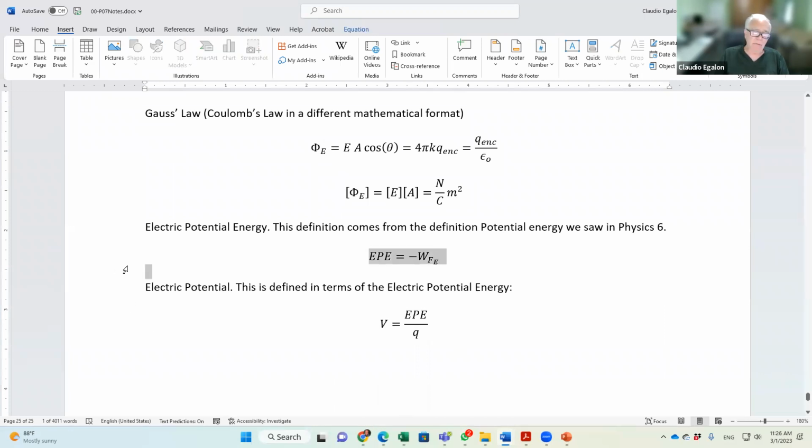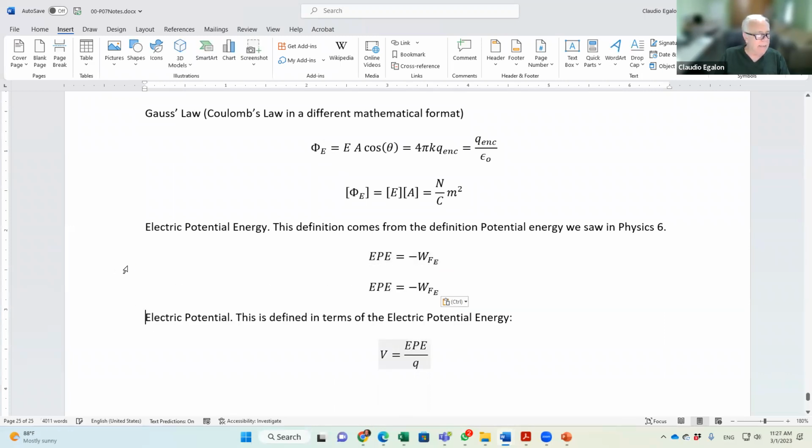Electric potential energy, just like any type of energy, is going to have the unit of joules.